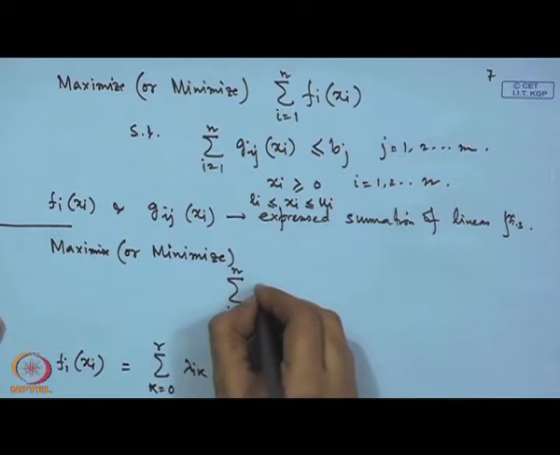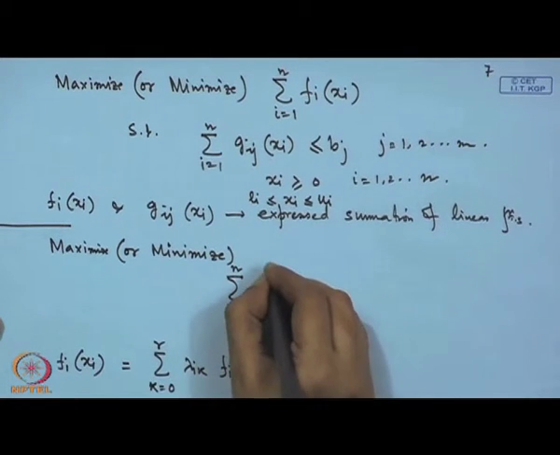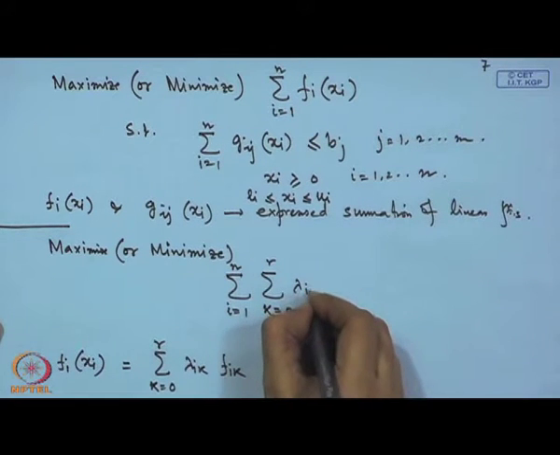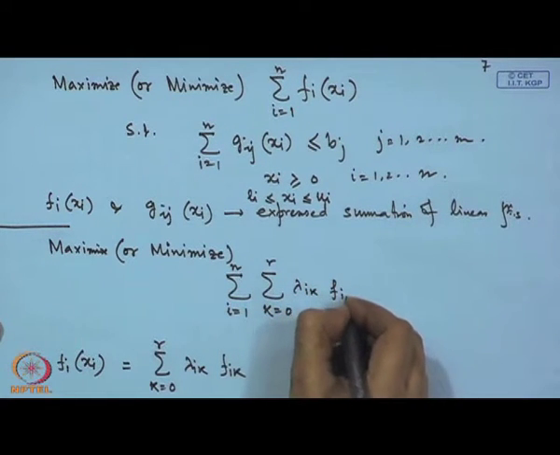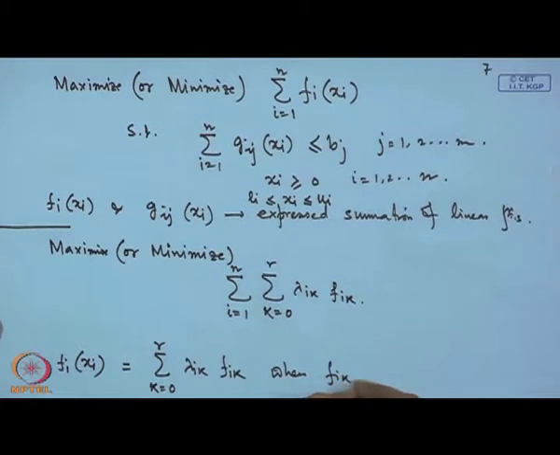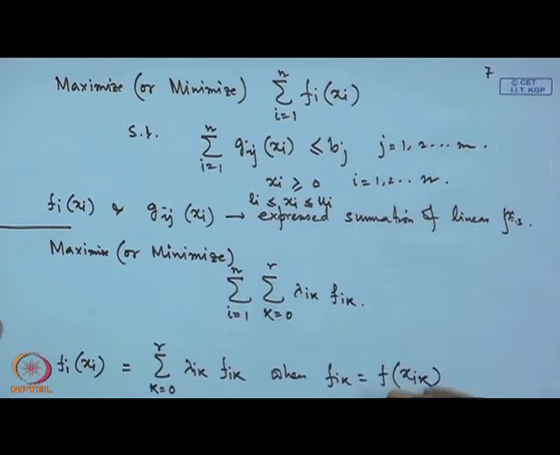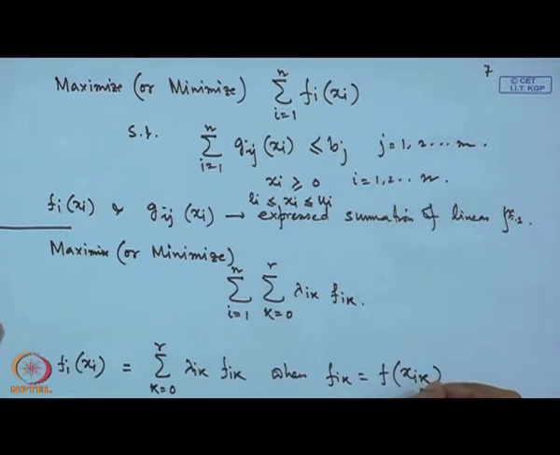Thus, we can write down i equal to 1 to n, k equal to 0 to r, lambda_ik f_ik, where f_ik is equal to the functional value at the grid point x_ik. x_i is the decision variable and x_ik is the (k plus 1)th grid point.